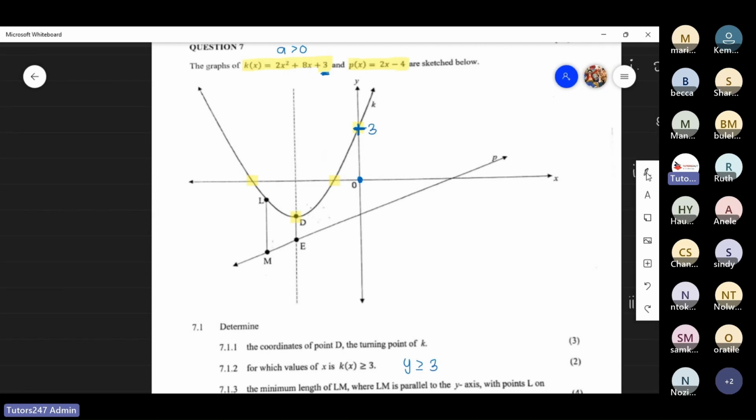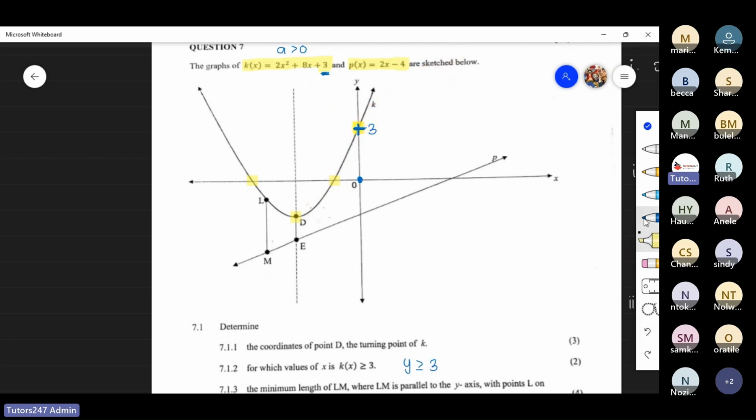So if we look at the point 3, as we move to the right and as we move to the left, are the y values increasing or decreasing? As you can see, the more we move to the right side, it increases, it goes up and up. Whereas as we move to the left side, it decreases, it goes down and down and down till point D. So we have now identified that we are going to move to the right.